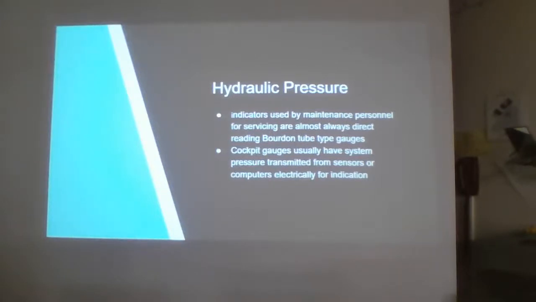But in my experience, I've always seen the servicing port gauges more often than the cockpit gauges, because we deal with those really often when servicing the aircraft and checking to make sure that system is operating correctly.